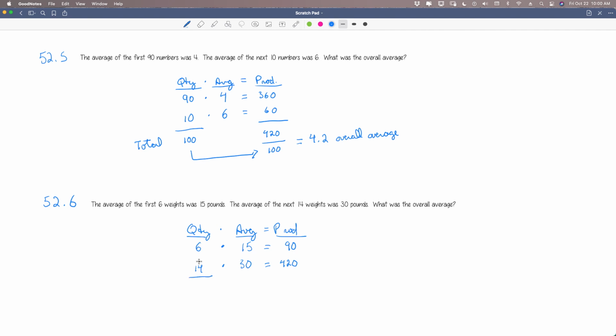Now I add my quantity together and I have 20 quantity. These are my totals. And my product is going to be 510. Now I just divide by my quantity, and my overall average is going to be 25.5.